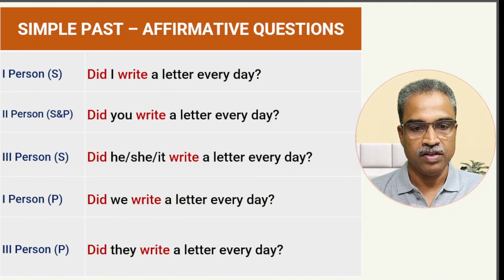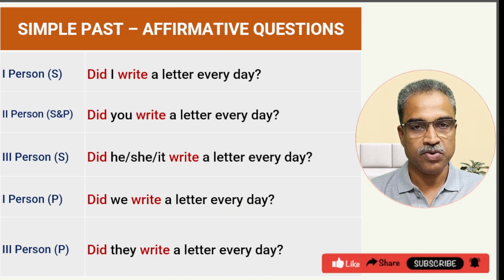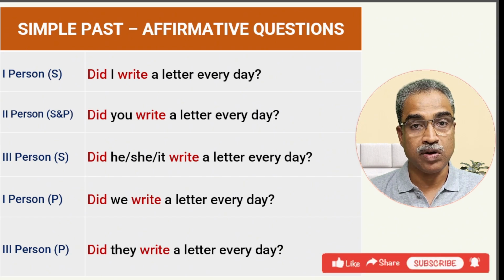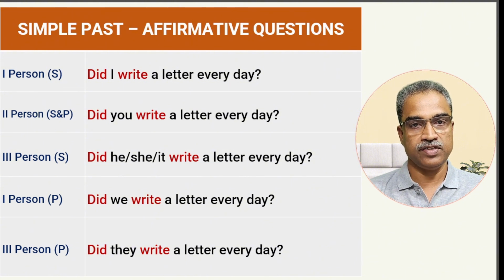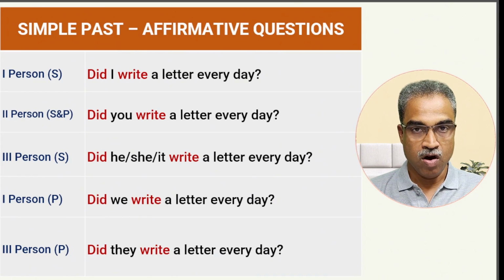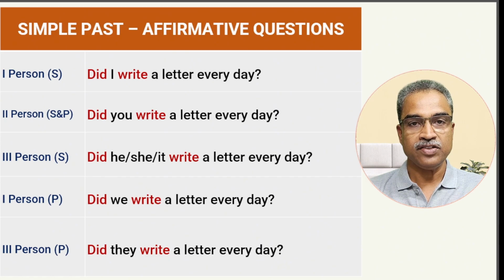This is how. So if I say, he played well yesterday, the question that you will be framing is, did he play well? Not played, play well. Did he play well? I worked hard for the examination. Did I work hard? If I ask you this question.